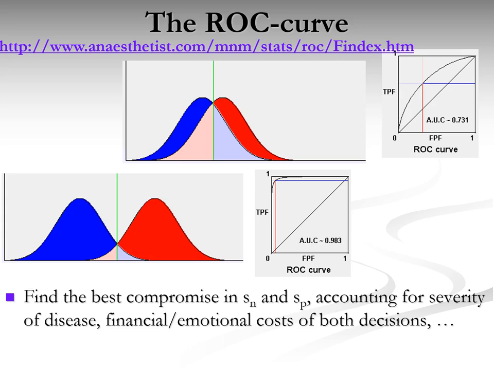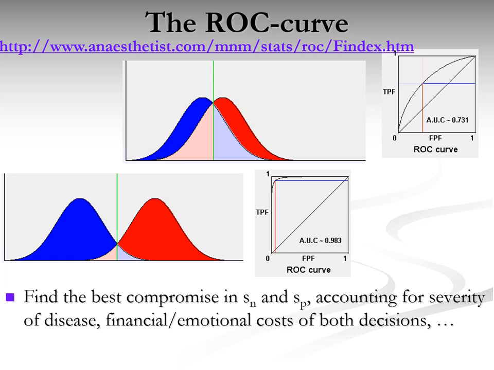Note that the second plot here looks better than the first plot. In the second plot, the instrument seems to be better able to make a distinction between these two distributions.